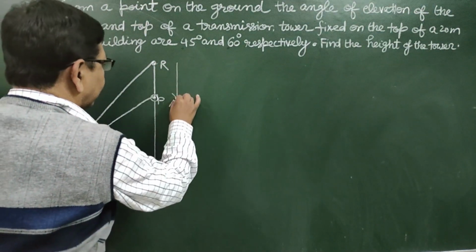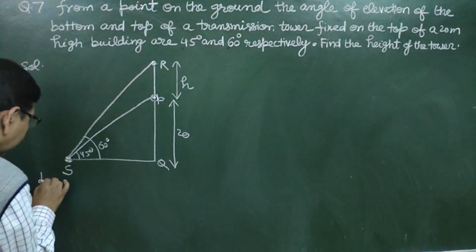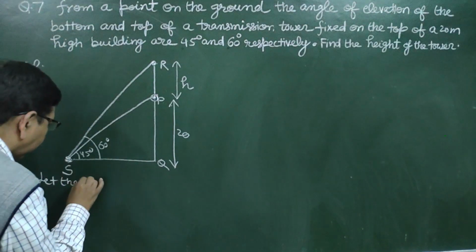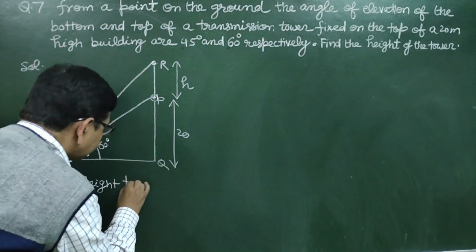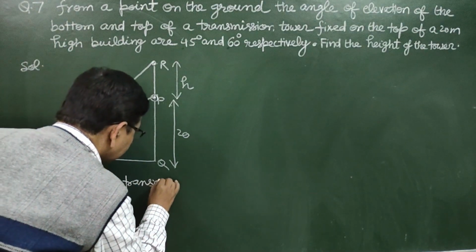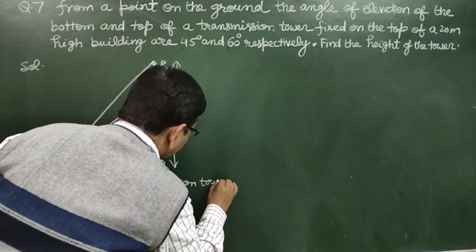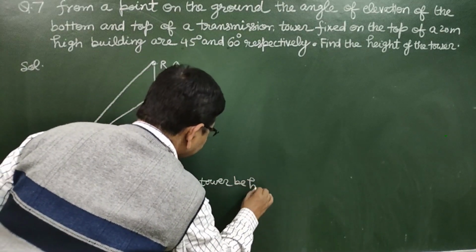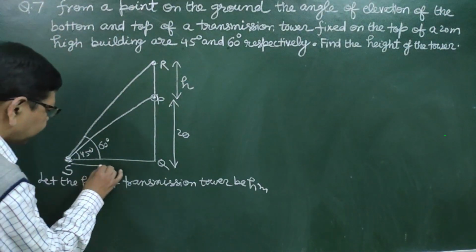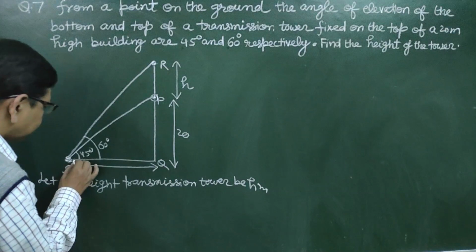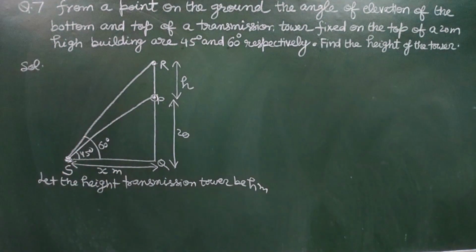Let the height of the transmission tower be H meter. Let the base of this triangle be X meter. Base be X, QS is equal to X.